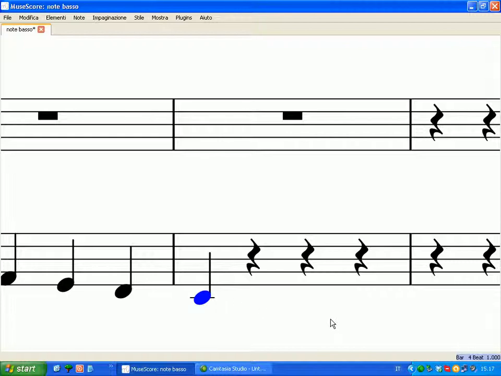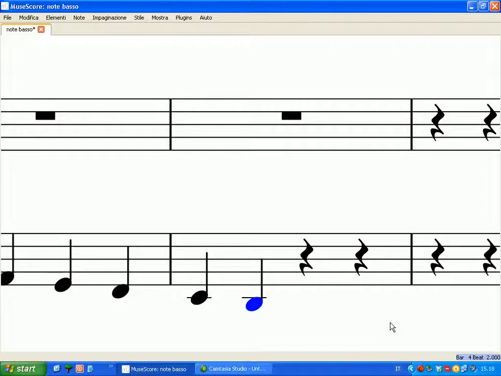Then I go down, I write the next note below the first ledger line. Then I have to use again the second ledger line if I want to go even down to a lower note.